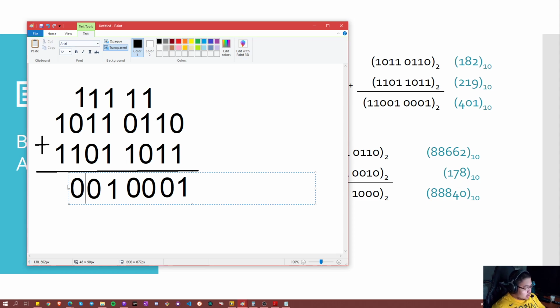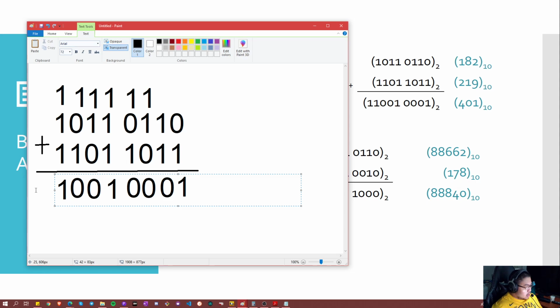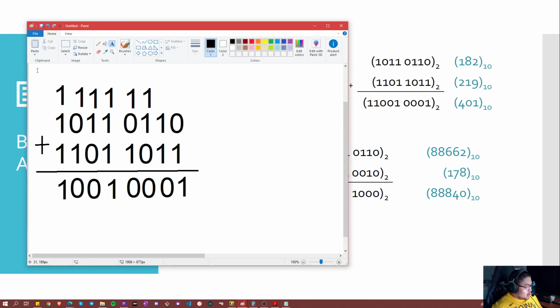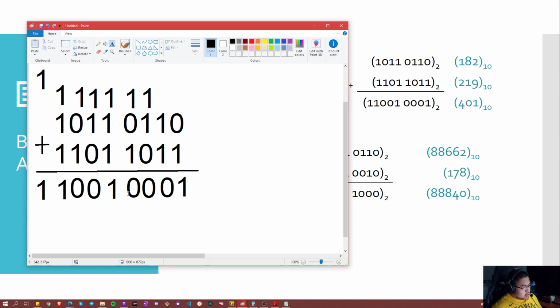Again 0, carry 1 again. So again, 1 plus 1 is 1, 0. Then 1 plus 0, so 1. And then there's the carry over from above, 1, right? That is the one below. So this is the answer.